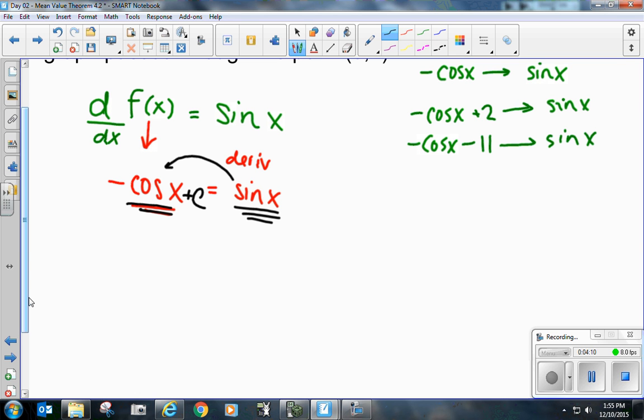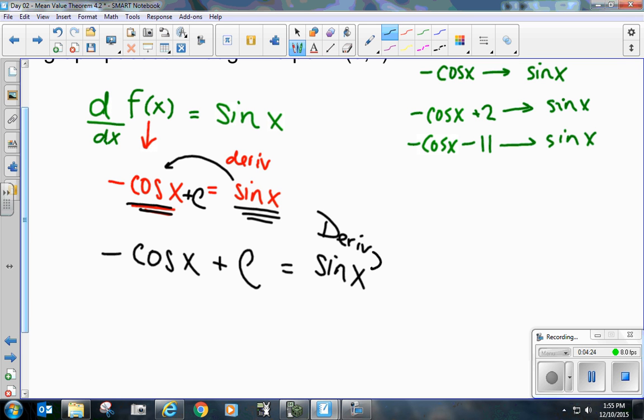It could be negative cosine, that's it. But we don't know. All I know is, if I have negative cosine x plus c, some constant, that has to give me sine of x when I take the derivative. Even if that constant c is 0, it still gives me sine of x's derivative.